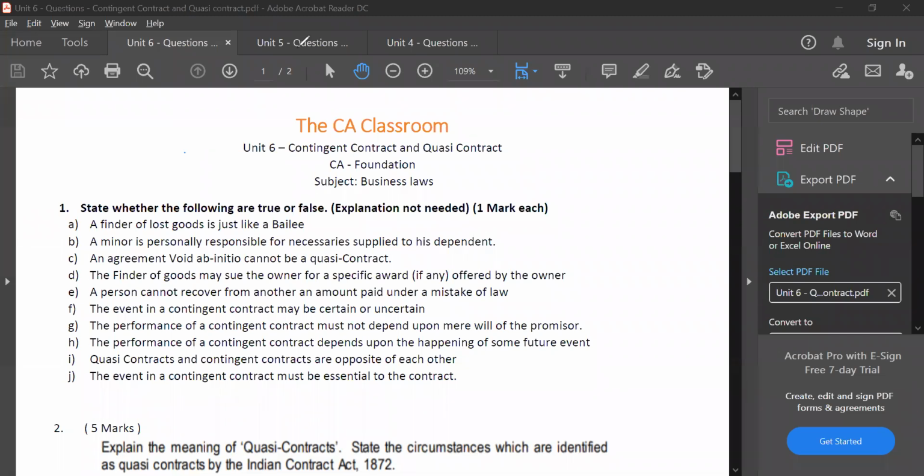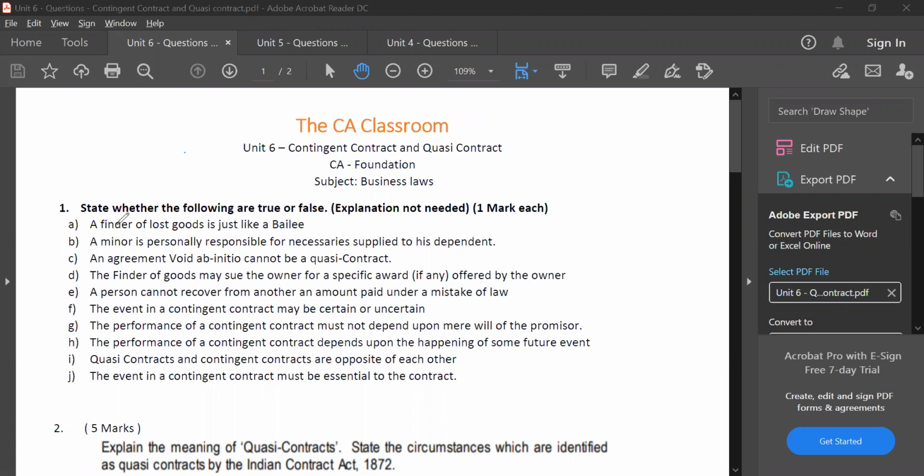Any volunteers to read? Okay, I'll just unmute. Anu, she asked. Anu, you can unmute yourself and we can start discussing. Yes, sir. Read the first question.